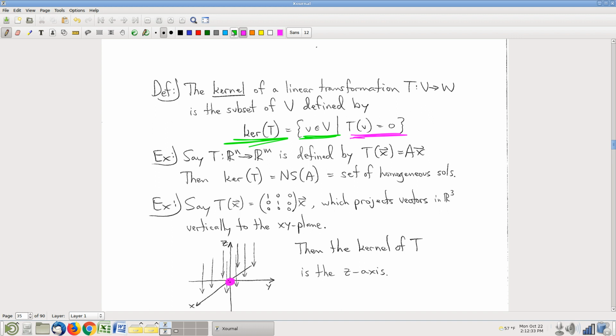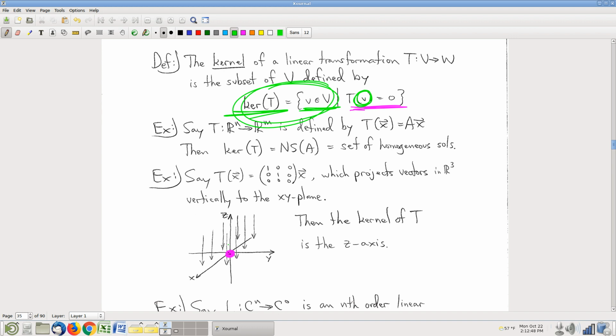We're looking for the collection of all vectors, V, such that when you apply this linear transformation, you get 0. We're looking for all the vectors whose projection into the xy plane is 0. So we're looking for the vectors here, like that. Those are the vectors, the z-axis, those are the vectors whose projection are 0.